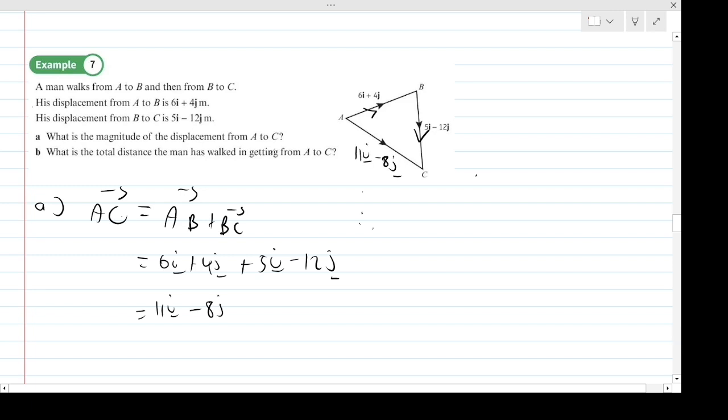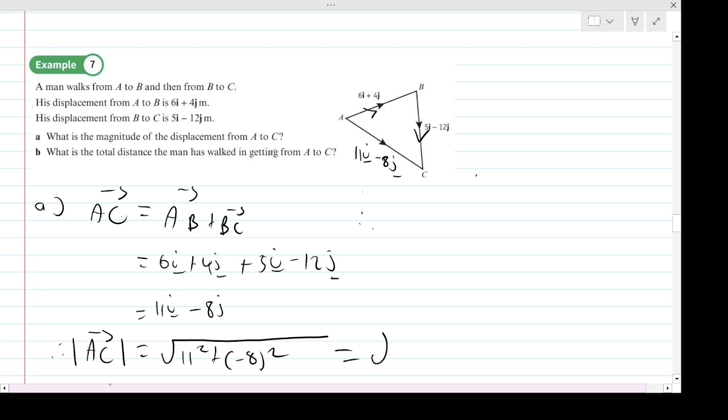Now the magnitude is going to be the sort of length of this vector. So the magnitude of AC, the double bar, which means the magnitude. Again, that's going to be the root of the two parts all squared, so 11 squared and then minus 8 all squared. And that would be root 185.